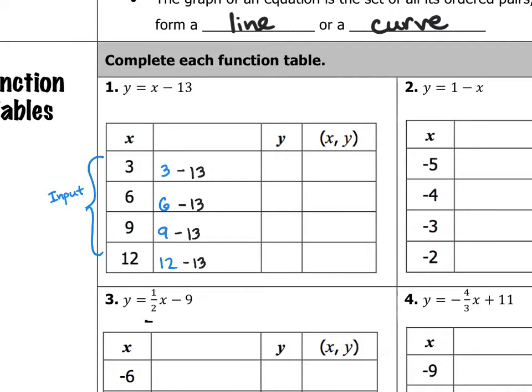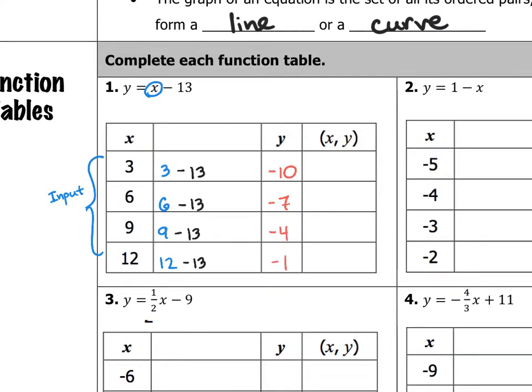So all I'm doing is I'm plugging each of those numbers in where I saw x in my original equation. When I take 3 minus 13, I get negative 10. So that's my y value when my x value is 3. When I do 6 minus 13, I get negative 7. 9 minus 13, I get negative 4. And 12 minus 13, I get negative 1.